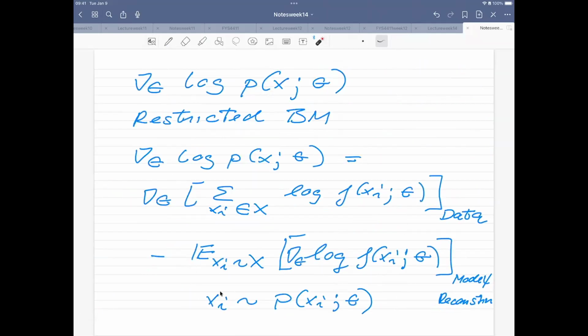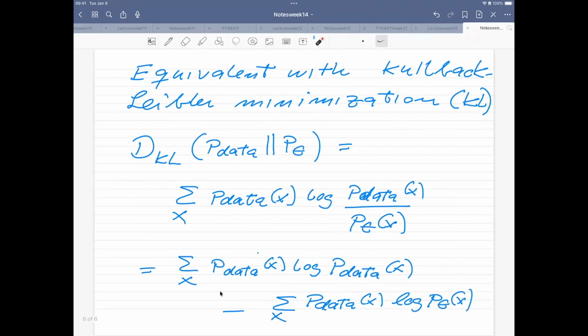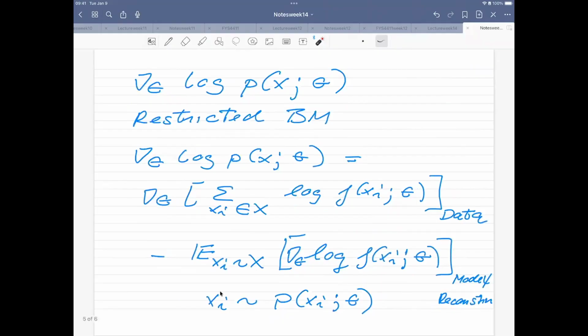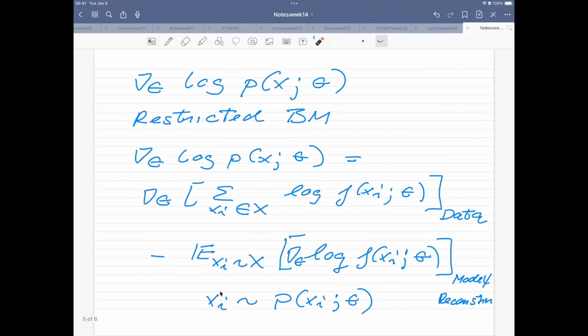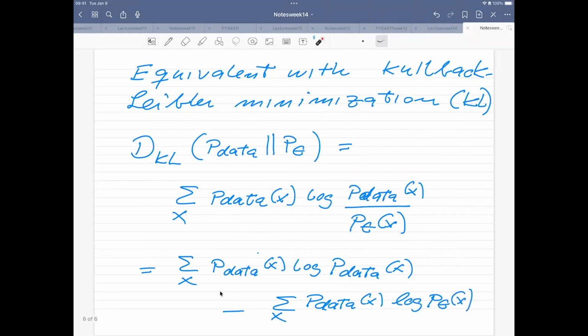When you then take the derivatives, obviously you take the derivative with respect to theta, and you see that in this specific case you end up taking the derivative of this term and also the derivative of this term. So if you look at this Kullback-Leibler divergence, this is the function which actually corresponds to what we have here, except for the gradient term. Now, this term has some interesting properties.